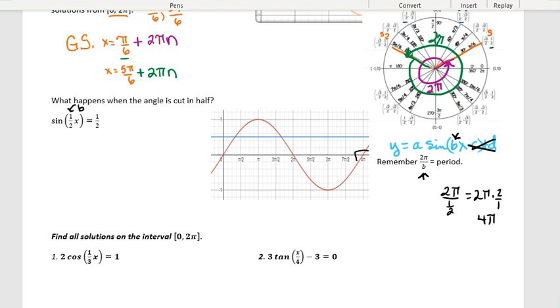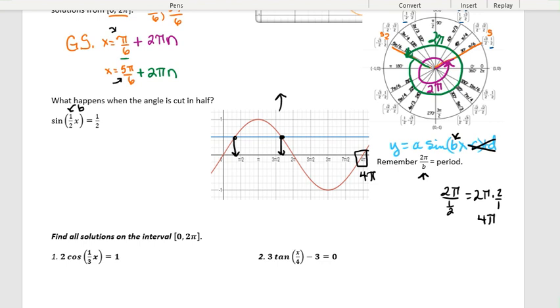And you're like, why are you showing me that? Because this number right here is 4 pi. And where this runs into the answer, it's not the same place as it was on the graph right up there. It's different answers.